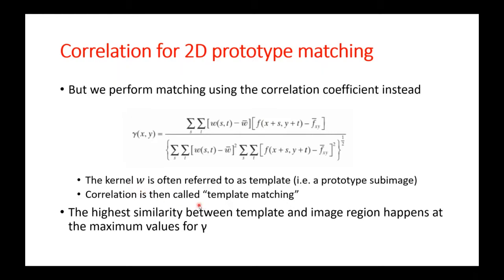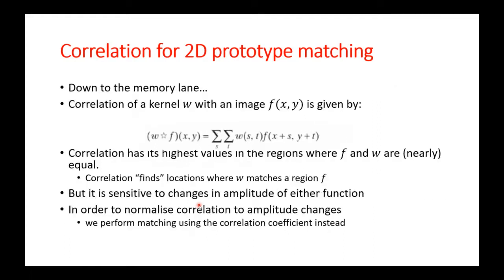All right, so Zwen asked an interesting question. Why do we use correlation but not convolution? Just because correlation has its highest value in the regions where f and w are nearly equal, right? Whereas in convolution, you are basically rotating the kernel. So you can't use convolution for pattern matching because the pattern will be upside down.